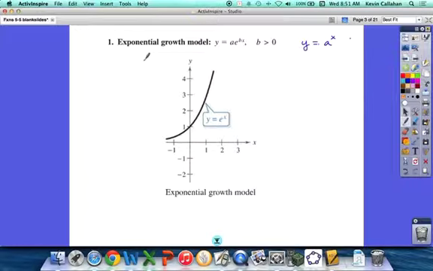But the model itself should look pretty familiar. That looks like our basic exponential function graph. It has an asymptote on the x-axis. It has a y-intercept of 1. It goes off towards infinity in the first quadrant. It's growing exponentially, really fast.